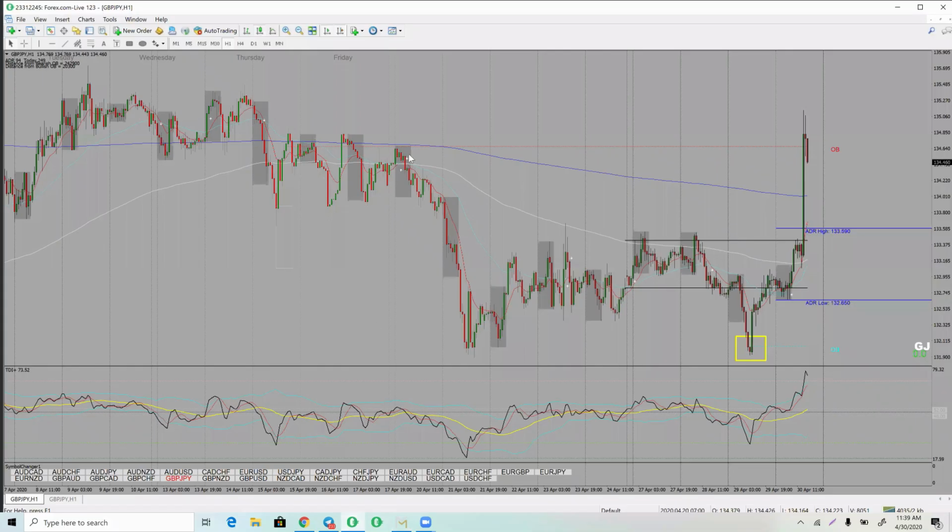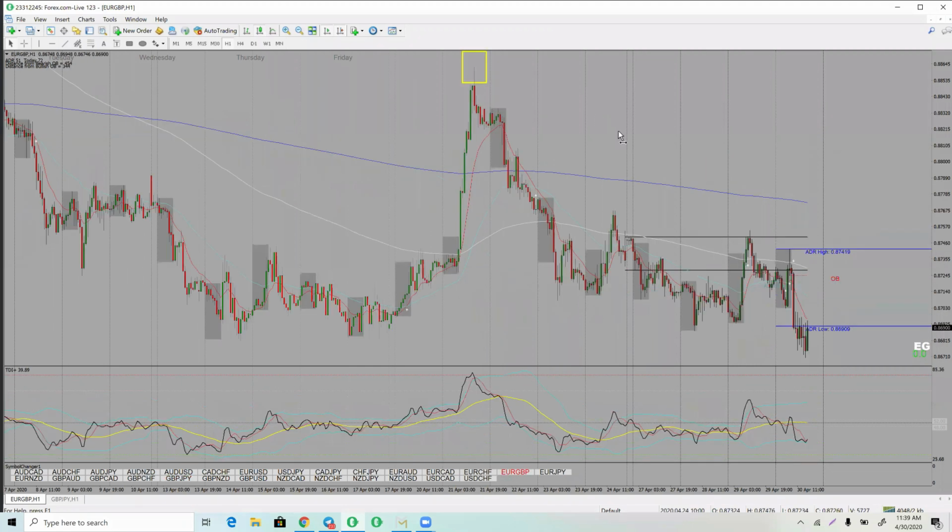Let's hop right into the charts and let me show you what I mean. What I do, and what our team does, is put boxes here to give us a visual of where that peak is. That's the yellow box right there.